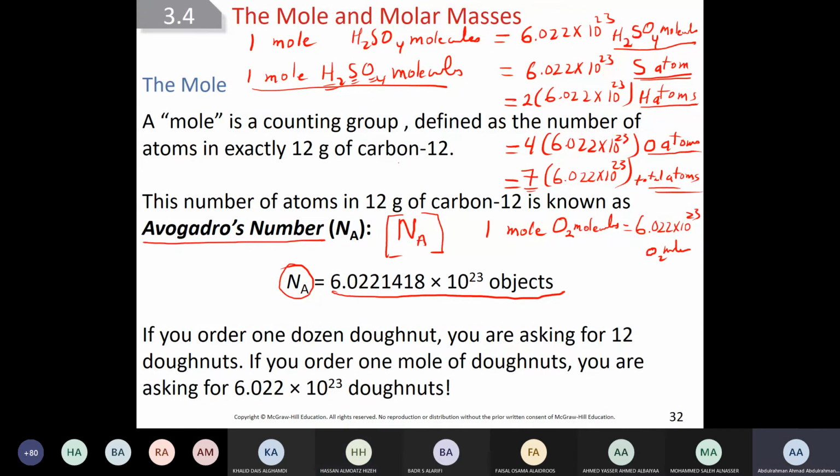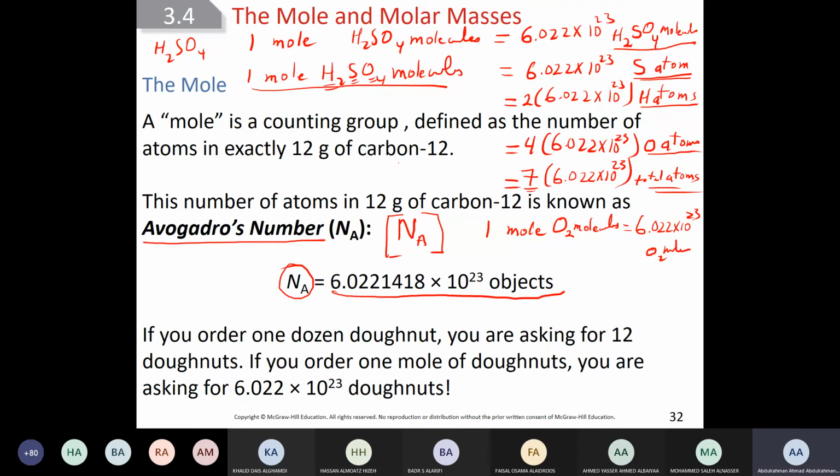In numbers, I'm saying it in numbers, in the molecule H2SO4, for every sulfur, how many oxygen atoms are there? 4. Yeah, that's what I'm saying.